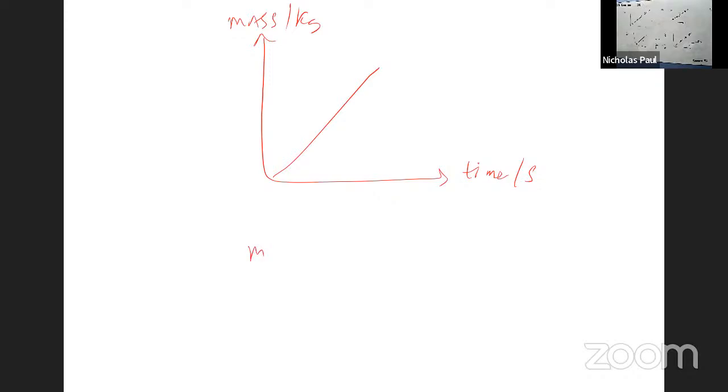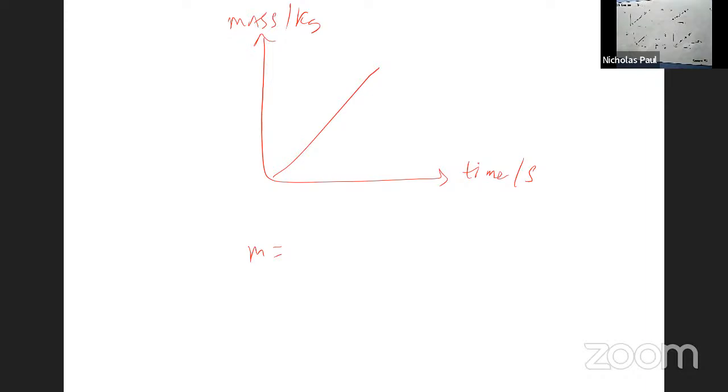So if I give you a graph and the graph is mass in kilograms versus time in seconds, the gradient of that graph, after you work it out, is positive.